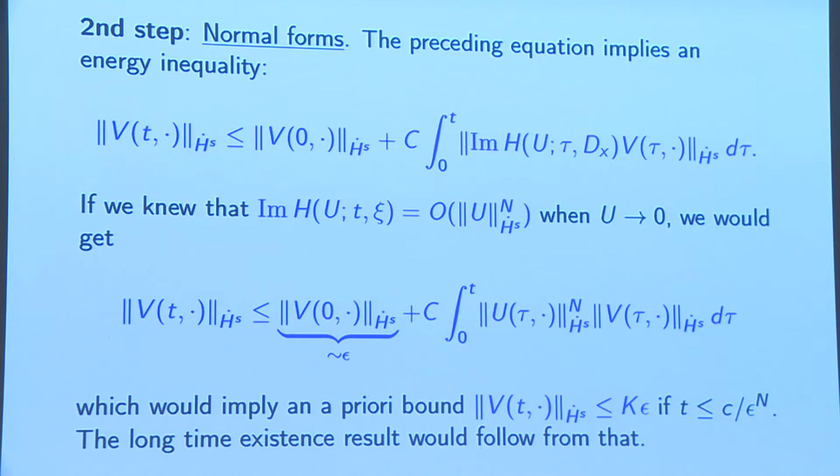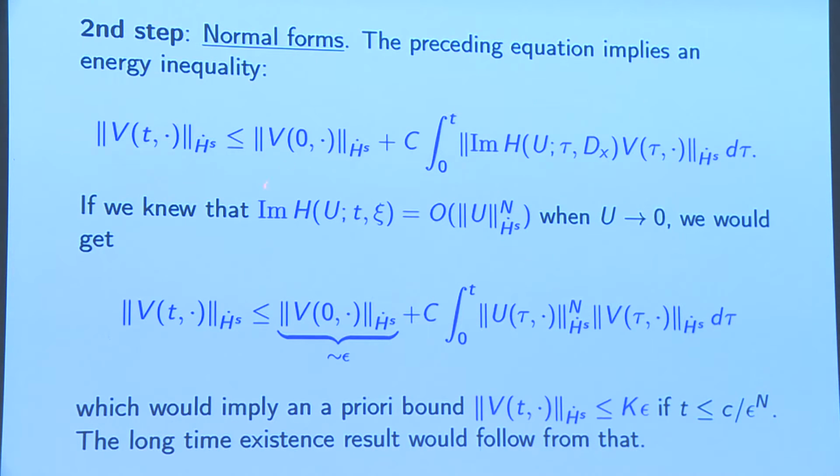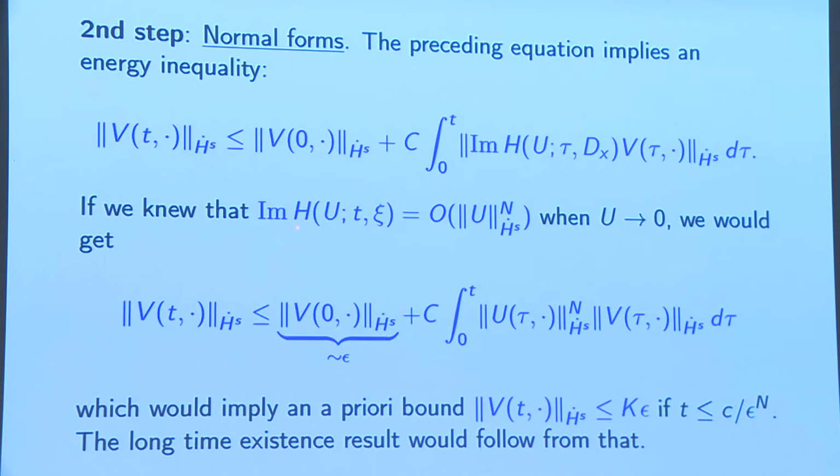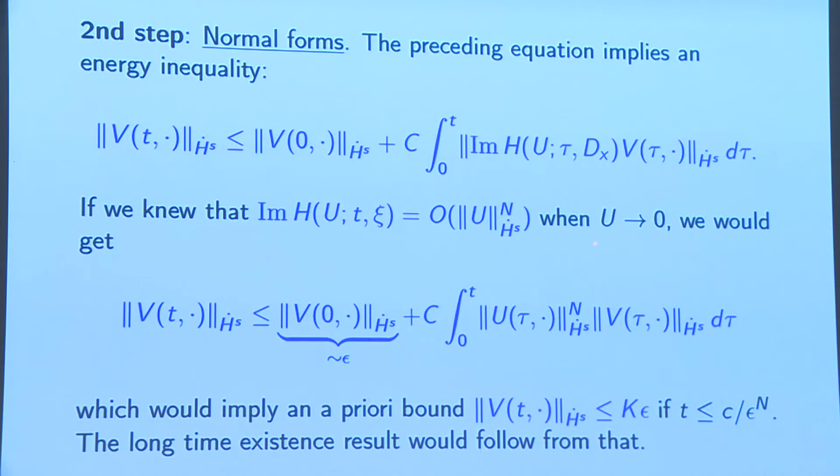So if we knew, in addition, that this symbol, imaginary part of h, not only is over the 0, but that it vanishes like norm of u in H^s to the n when u goes to 0, then the proof will be finished.